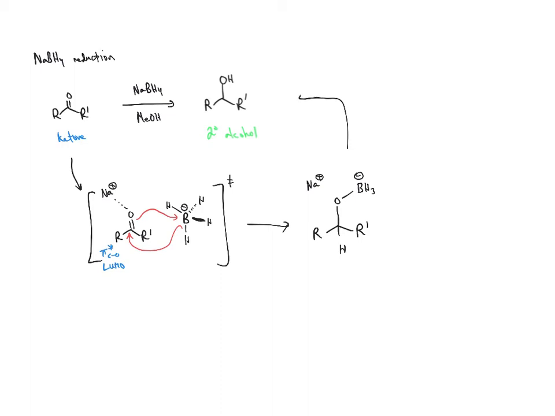Then we can undergo an equilibrium-like protonation, and so what happens here is methanol as the solvent will come along and allow us to protonate that oxygen-boron bond, and so the net result is that you get the alcohol as the product plus this species in which you've got the methanol attached to the boron.